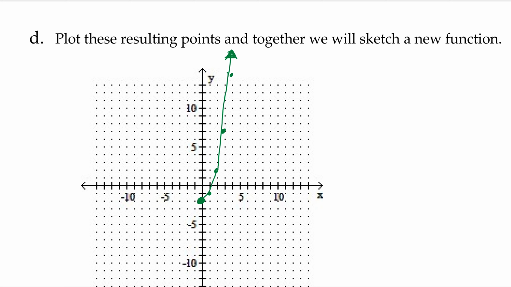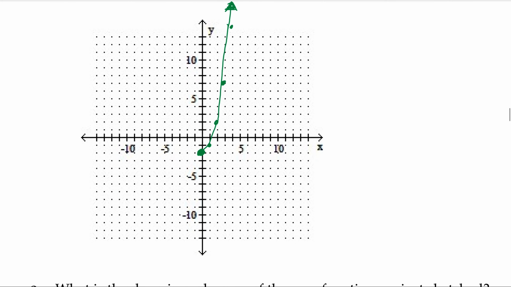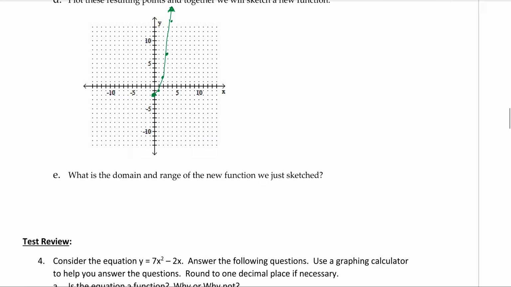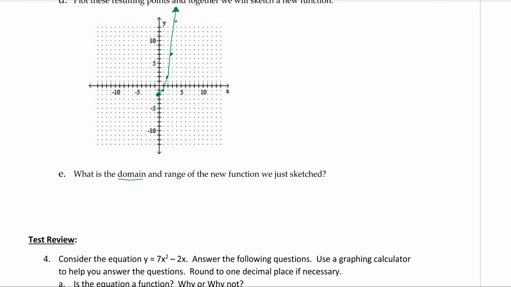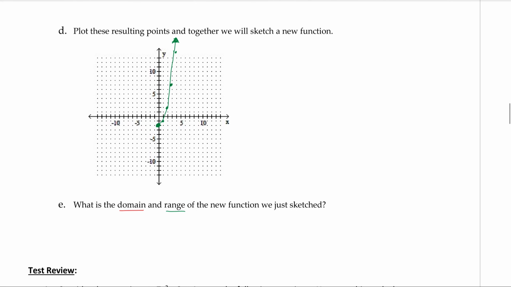Now it wants us to do the same thing that we did for the other problem. We're going to write our domain and our range. I'll put my domain in red, and I'll do my range in green. So remember, farthest point to the left happens to be right on my y-axis. Remember, that's also 0.